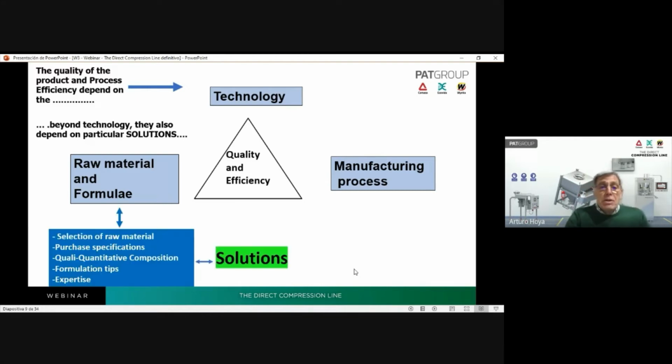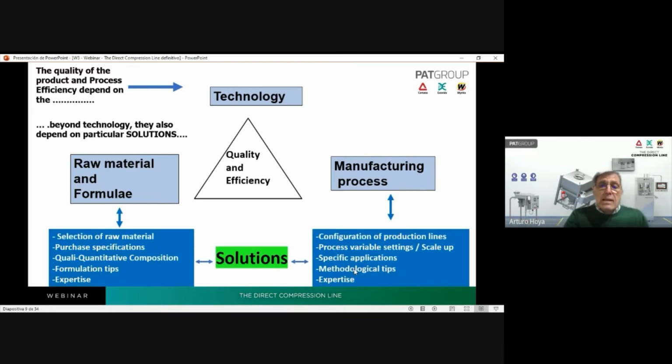For example, the solution when we speak about raw material: a good selection of raw material is very important. Define the purchase specification of this raw material, the qualitative and quantitative composition of our formula, tips of formulation, of course, the expertise you have in the formulation.